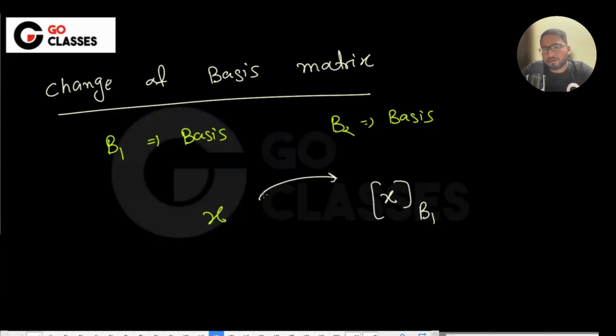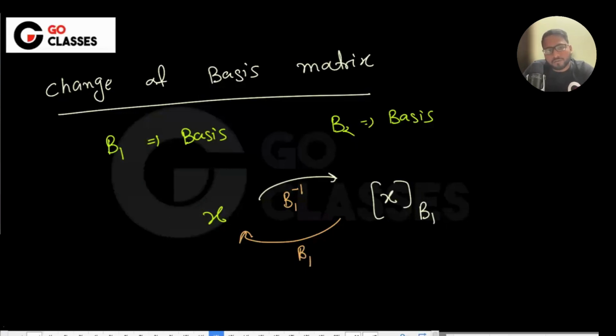If you want to go from here to here, B1 inverse or B1? Yes, you will be multiplying by B1 inverse. That's great. Similarly, if you want to go from here to here, it is always opposite. You will be multiplying by B1, right?